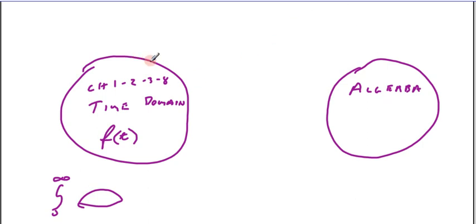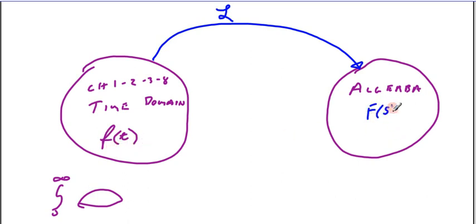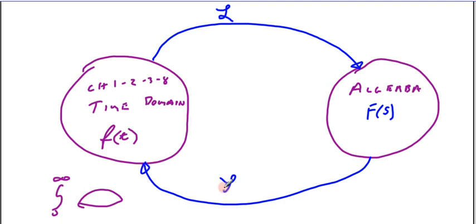So what I'm going to do is I'm going to use something called a Laplace transform, and I'm going to make f of t become f of s. And then I'm going to use algebra on the differential equation, and then when I get it in a form that I like, I'm going to take that form and use a reverse Laplace transform and get back to the time domain to get the right answer.